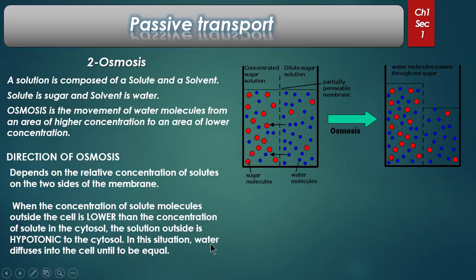Now let's say this is the outside of the cell and this is the inside of the cell. The solutes are a much smaller amount compared to the other side of the membrane. So we call this hypotonic to the cytosol.